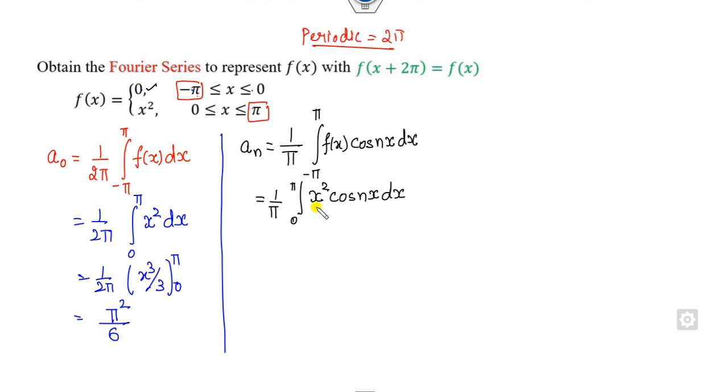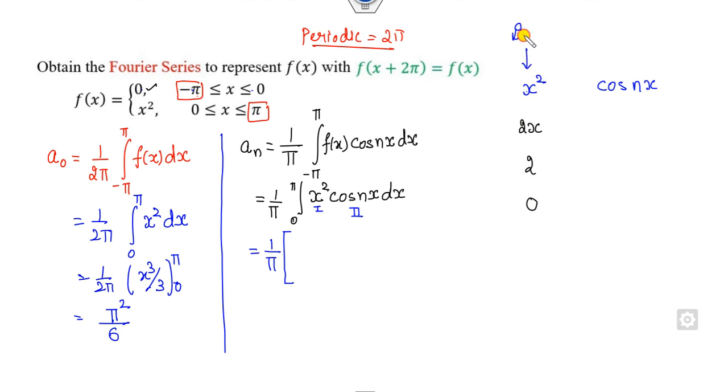How can you integrate them? You can integrate by parts, first function and second function. Otherwise, whenever you see a polynomial term, you can write the polynomial first and the second term as here. Find the derivative of this until it becomes 0. So 2x, then 2, then 0.